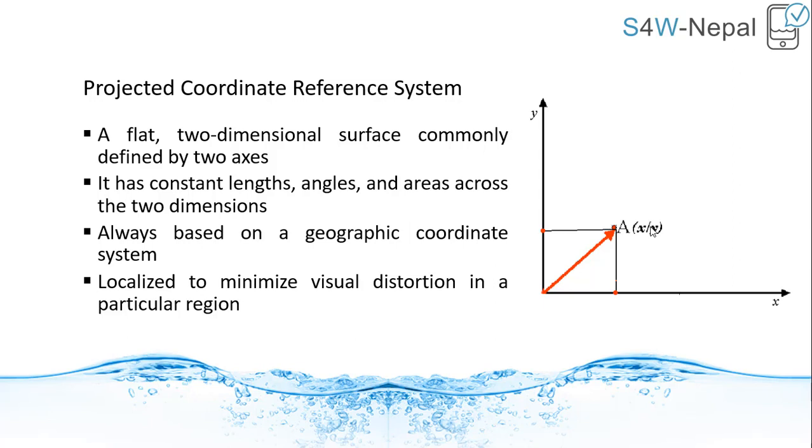A projected coordinate system is always based on a geographic coordinate reference system, that is based on a sphere or a spheroid. It is a coordinate system that is localized to minimize visual distortion in a particular region. Example, Robinson, UTM, state plane, etc.